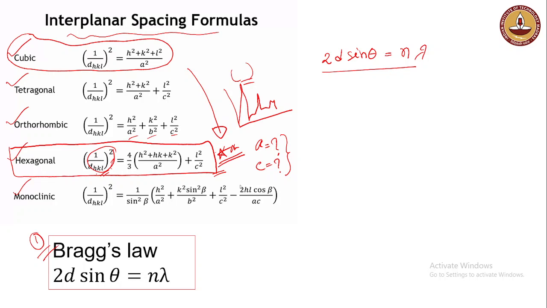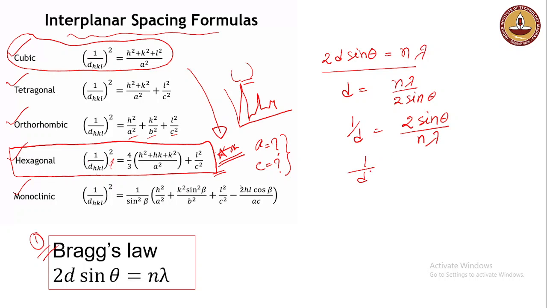So first let me find the value of 1 by d square from Bragg's law. If I keep the d on this side, this is the value. Now if I want 1 by d, simply I can reciprocate this, so 2 sin theta will go up and n lambda is present here.